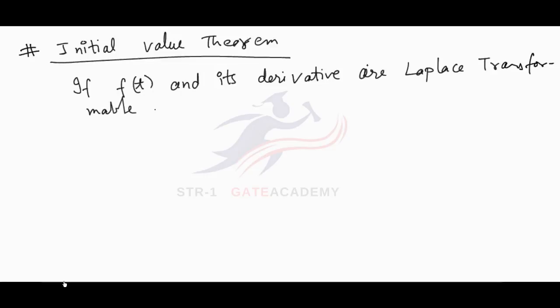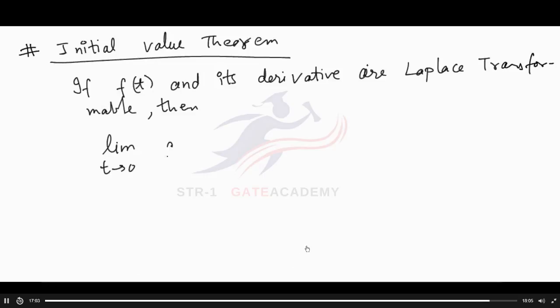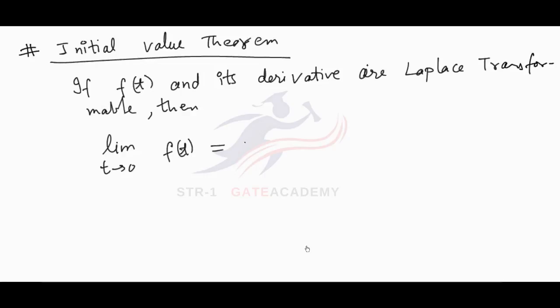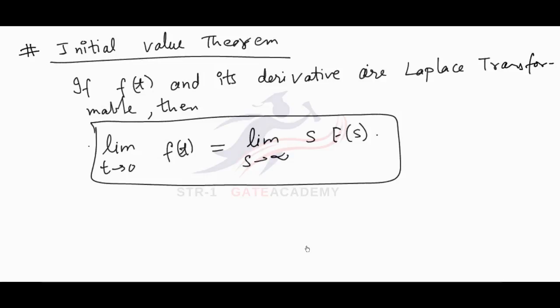There are certain functions whose Laplace is not possible, so that is why this condition is mentioned. Then limit t tends to 0 of f(t) will be equal to, converting to the s domain, limit s tends to infinity of s times F of s. This is called the initial value theorem. This is very important.